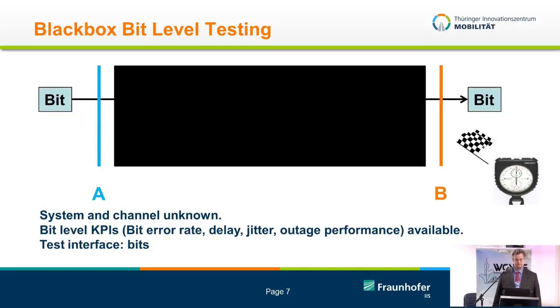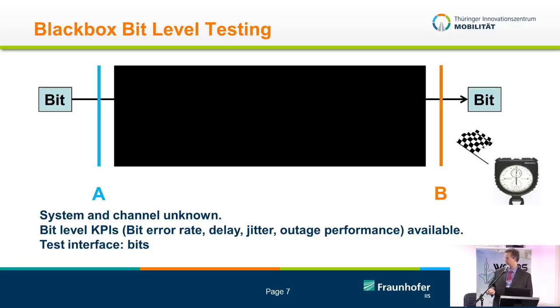Testing things means we are going to test communication systems in the widest sense of things, and that means we put a bit in, we get a bit hopefully back. And what's inside is, in the simplest case, the black box that we need to shed light into.